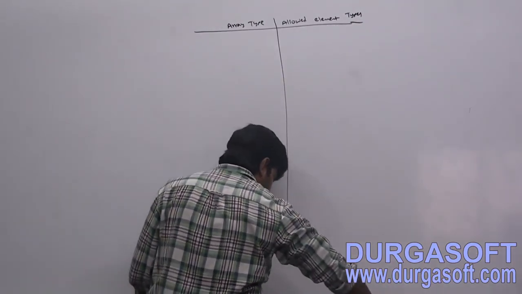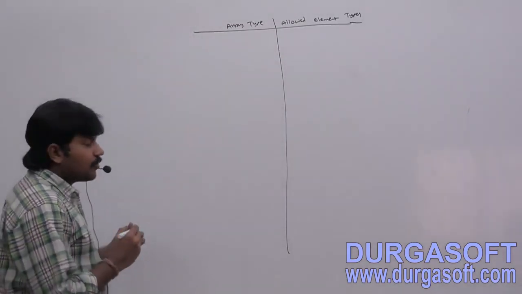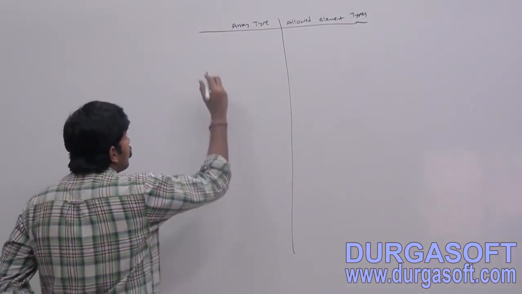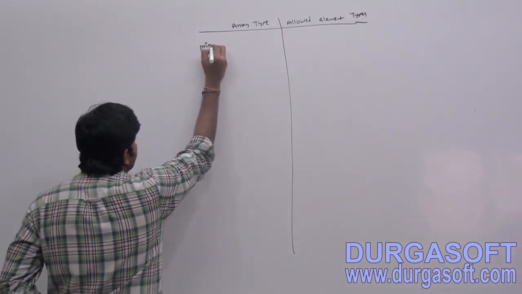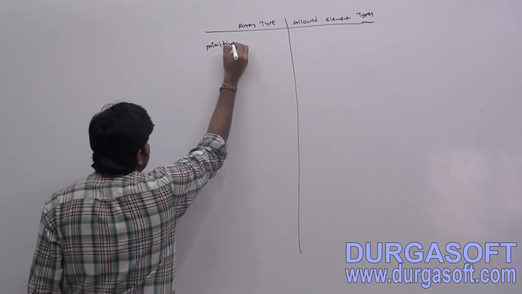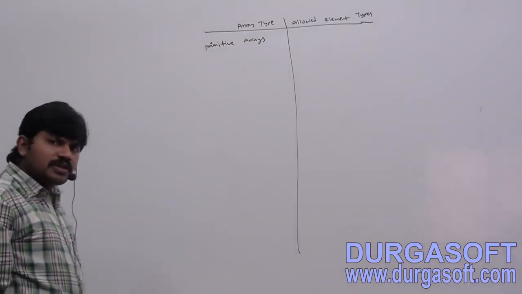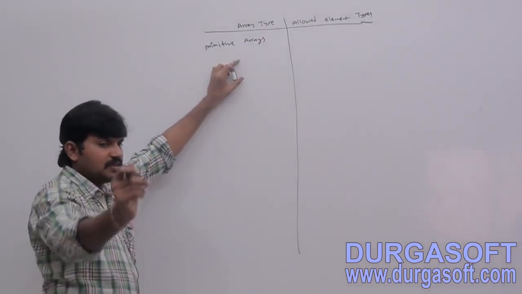First one, primitive arrays. Can you tell which data type elements are allowed for this array?